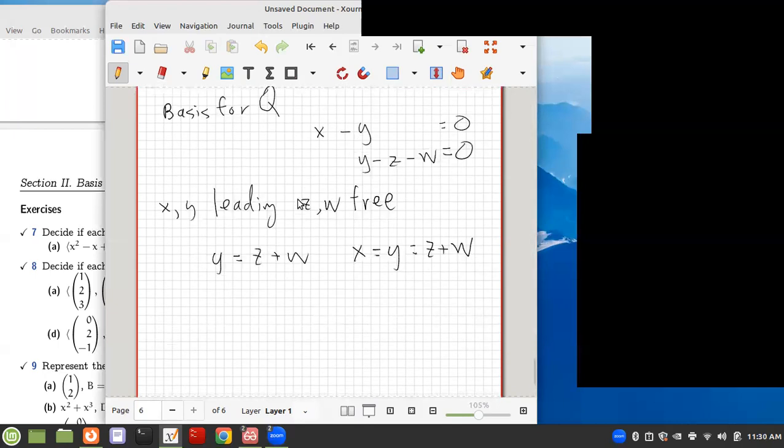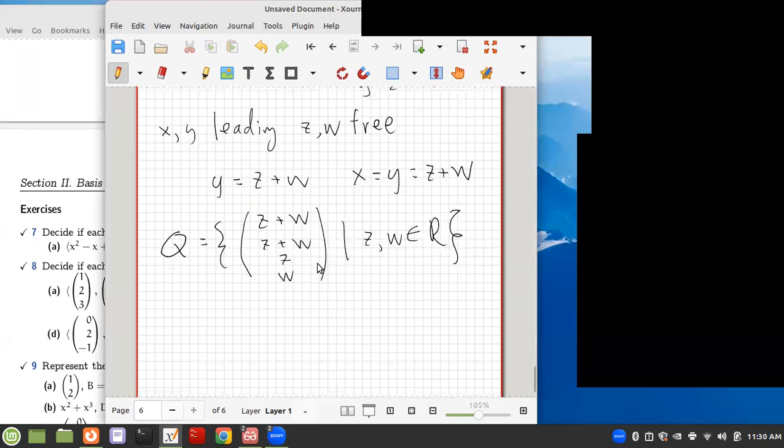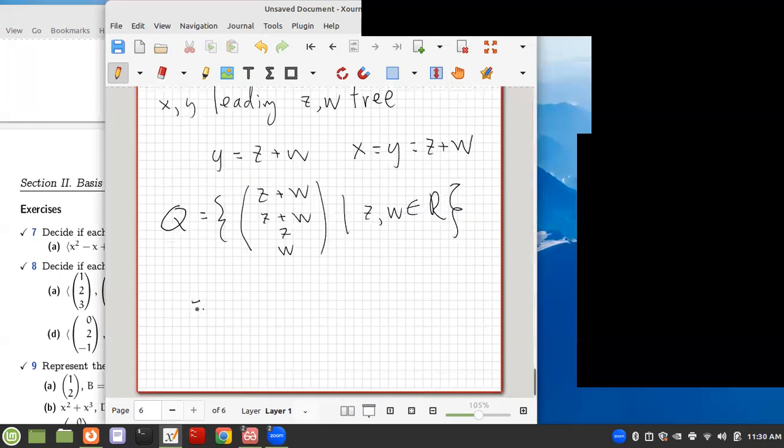Okay, so we want to parameterize Q in terms of free variables, which means getting rid of the leading variables. So here's the parameterized form when I've gotten rid of the leading variables X and Y in terms of the free variables Z and W. And then we want to write this as a span.